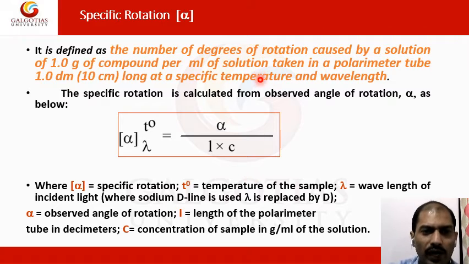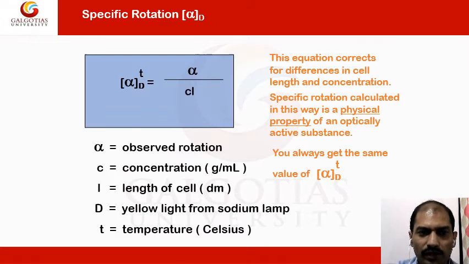Before calculating, you must keep in mind the exact definition, because it is very important. It is a very simple definition, and on the basis of this relationship you can easily calculate the specific rotation.